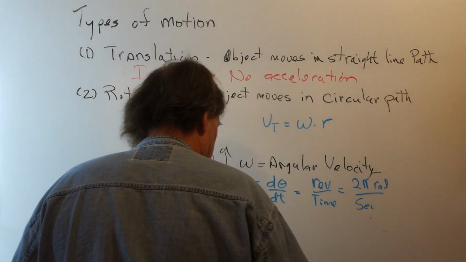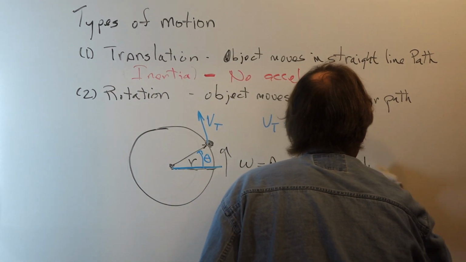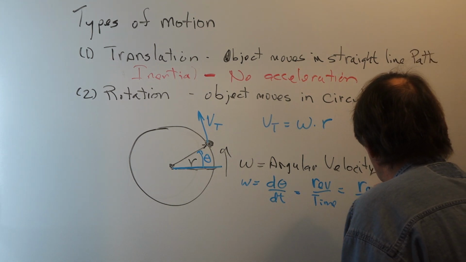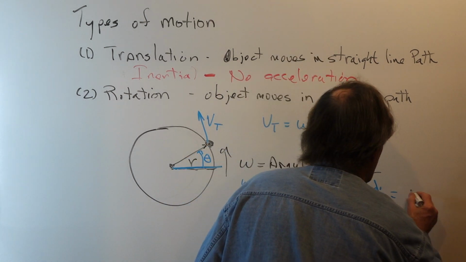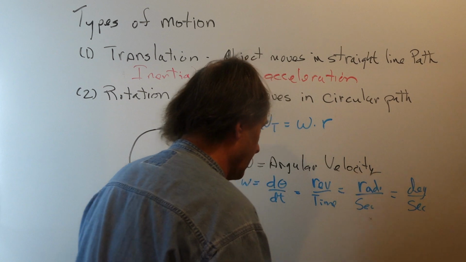I should say, in general, that's not right. It's angular measure in radians per second. Or we could also put it in terms of degrees per second. Many of you are more familiar with degrees.